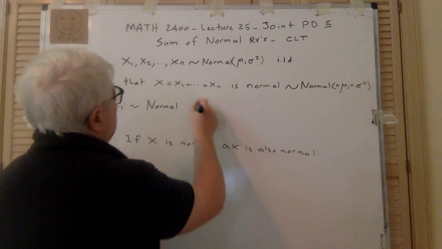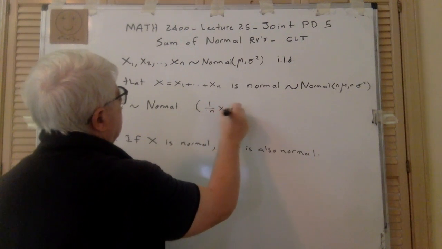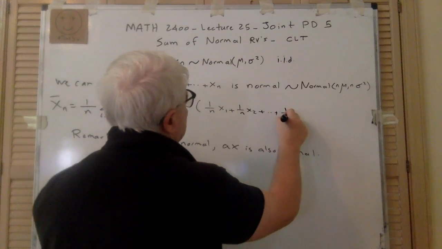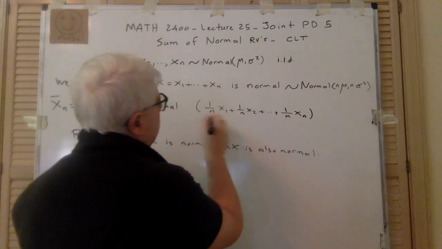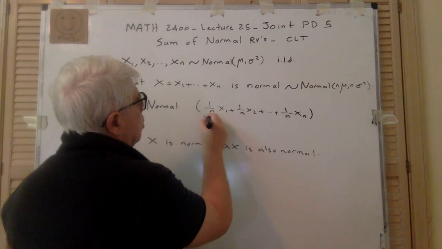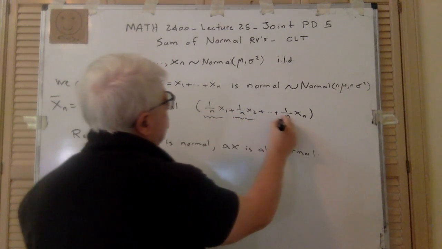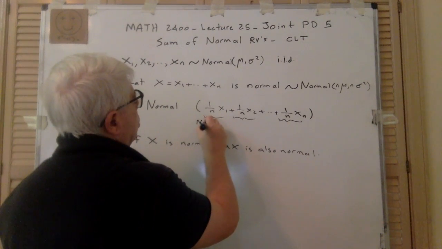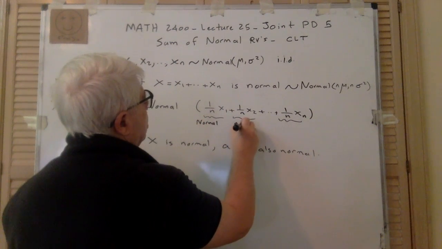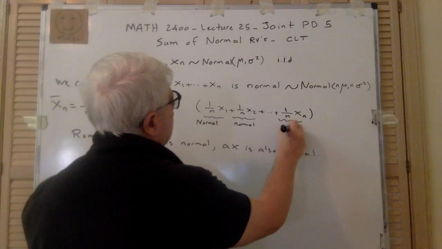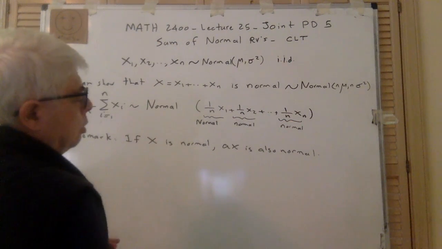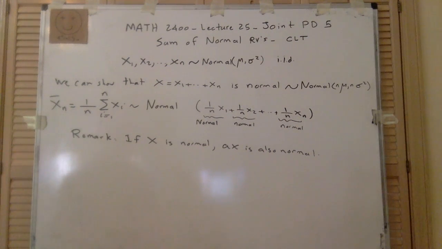Because in fact we have 1 over n x1 plus 1 over n x2 plus 1 over n xn, and if each one is normal, then when we multiply by a constant they are still normal, and then we have a sum of normal random variables. So normal, normal, and so on. We are multiplying by some constant, then we add them, and that is also normal.